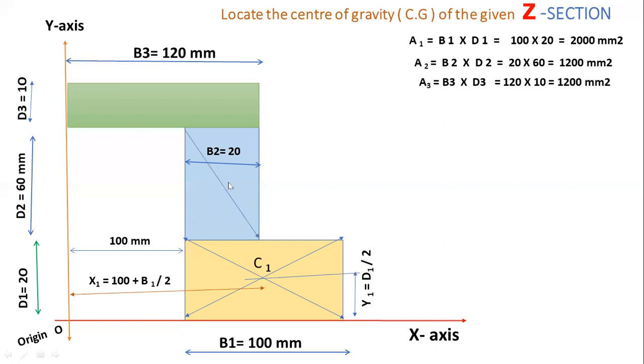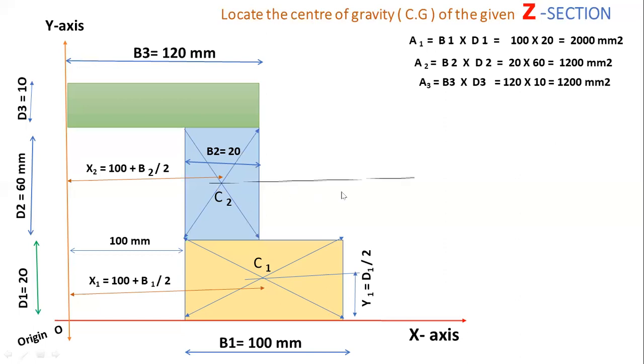Now I am drawing the diagonal lines for the second rectangle. C2 is the centroid of the second rectangle. X2 is the distance of centroid C2 from the y-axis. That value equals gap 100 mm plus half of the base, 100 plus B2 by 2.